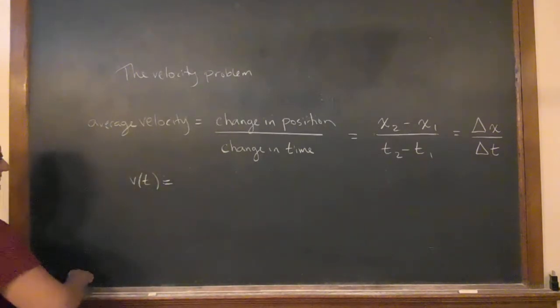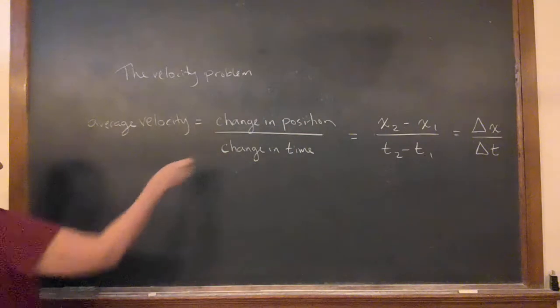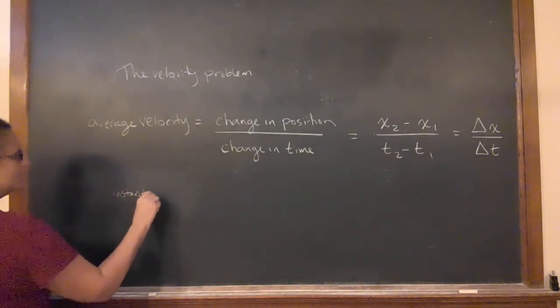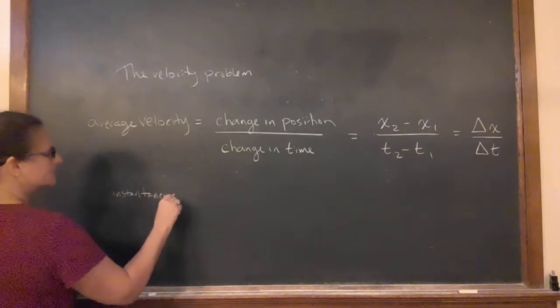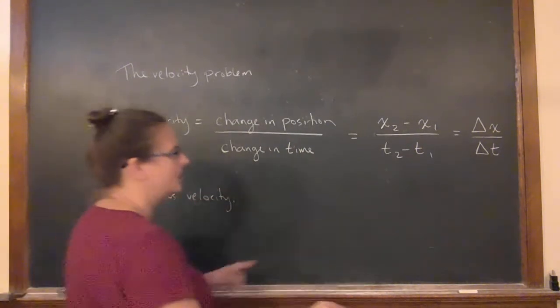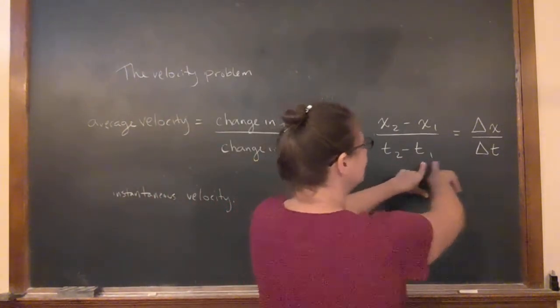So that's what we're after. But that doesn't make sense exactly with this, because what I want to say is that that instantaneous velocity is what happens when I take this delta t, this change in time, and I take it to 0.